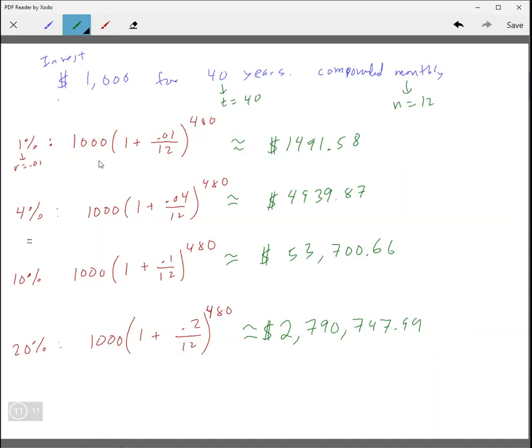Okay. So what can we learn from this? Well, the first one would be like if you just had your money sitting in the bank. If you had a whole bunch of money just sitting in the bank, then $1,000 would get you 1,491. The second one is if you were to take out a mortgage on your house.